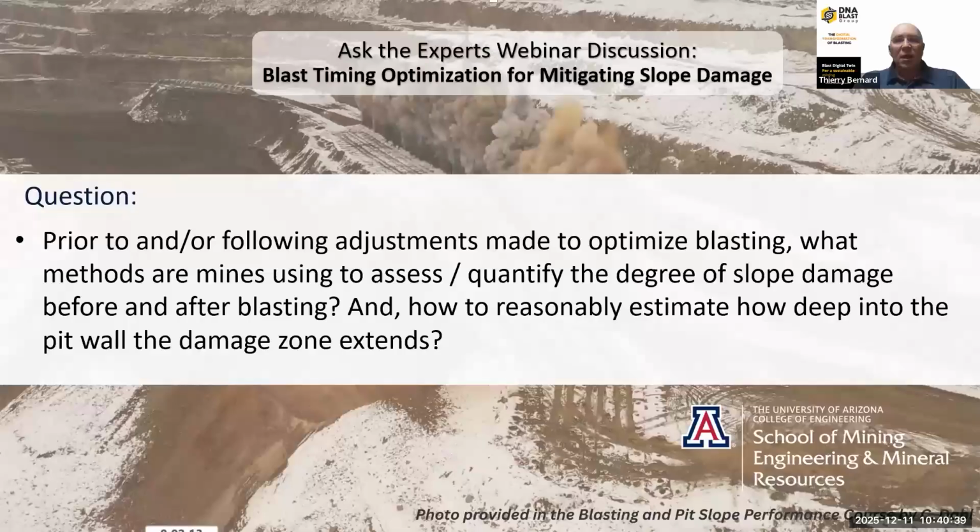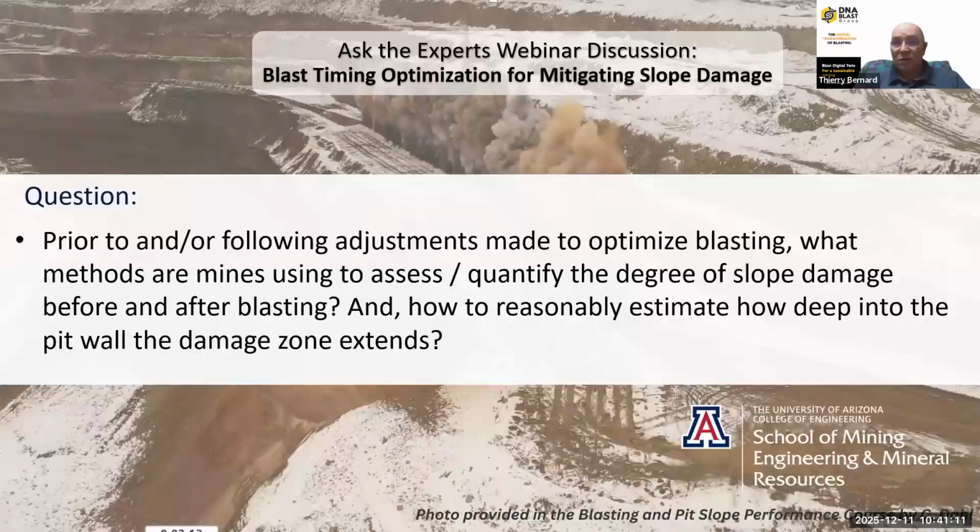It's done in underground mines sometimes, because that's the way you can assess the damage, drilling the holes from the gallery, perpendicular to the gallery, and measuring these P-waves with cross-hole tomography. For surface mines, it's very expensive and not easy. The second way is to measure vibration, so to have sensors on the slope at different locations.